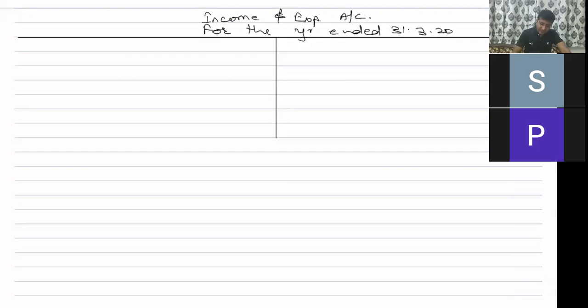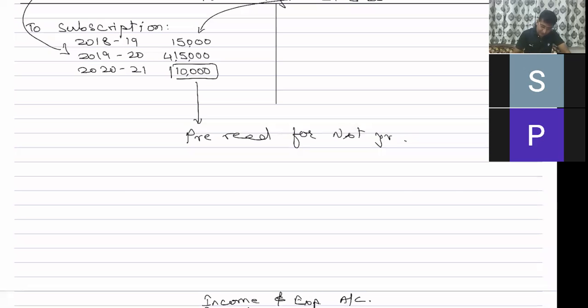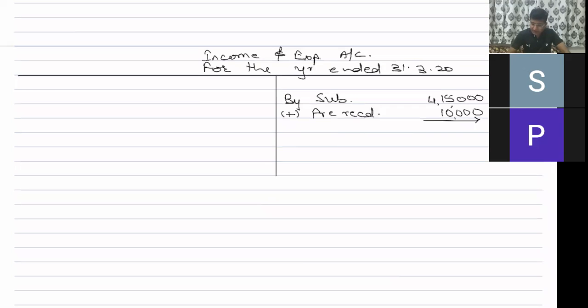In this income and expenditure account, I'll have by subscription inner amount column 4,15,000, the amount which is related to current year given in the receipt and payment account. Correct? Add pre-received rupees 10,000, which is given in the opening balance sheet onto the liability side. So the amount which will be appearing in the outer amount column here, let's say this is for the time being as 12,000, otherwise it will confuse you. So the amount that will appear in my income and expenditure account onto the income side is 4,25,000. Am I right?